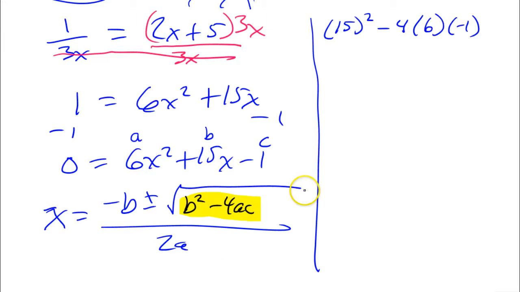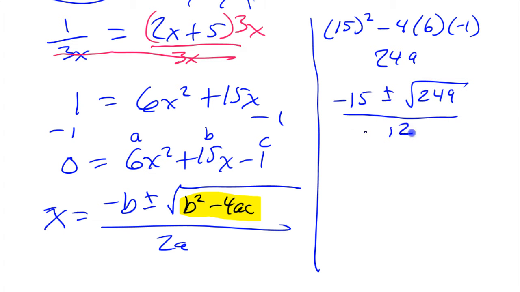Earlier I saw people with different discriminants. So if you were getting something else, analyze what you did wrong. So the discriminant is 249. Then you go ahead with the rest of the problem. So opposite of b, so I've got negative 15 plus or minus square root 249 all over 12, because that's 2a.